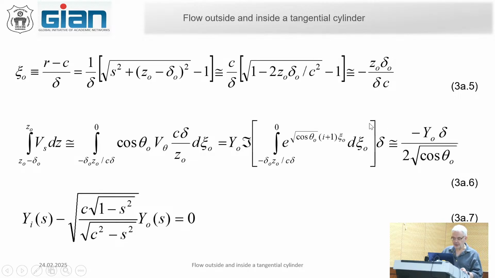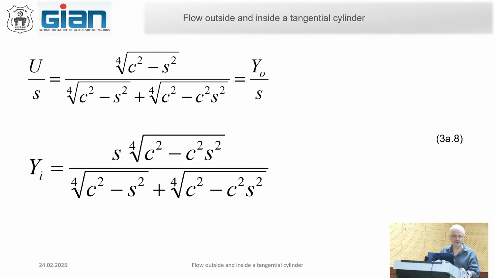Here delta I was shown on the previous slide, and delta O vanishes. So after applying this integral, the final result looks quite simple. It's shown in this formula. So now we have 3 formulas and 3 variables. Of course, we can solve them.